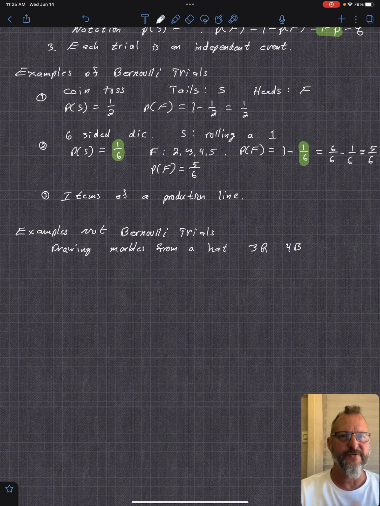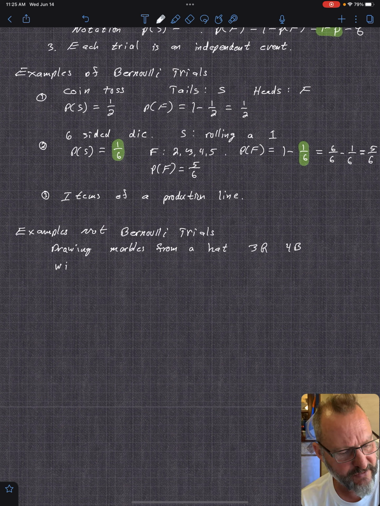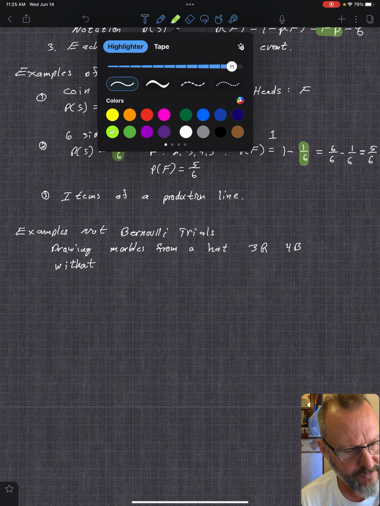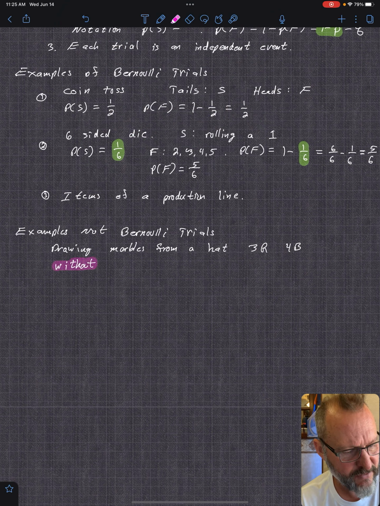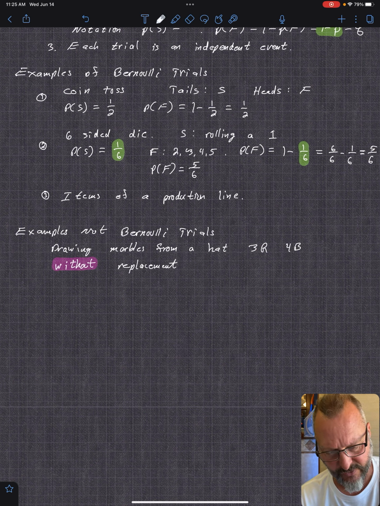Then when you draw, and this is without replacement, highlight that. So without replacement is critical. I'll describe why.